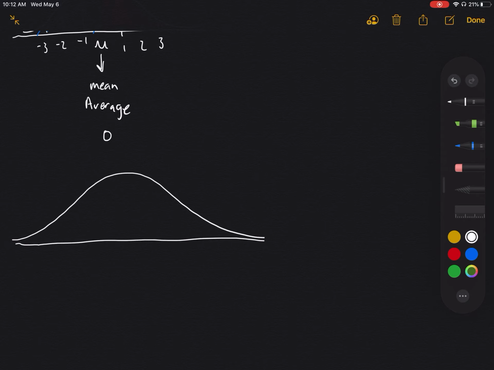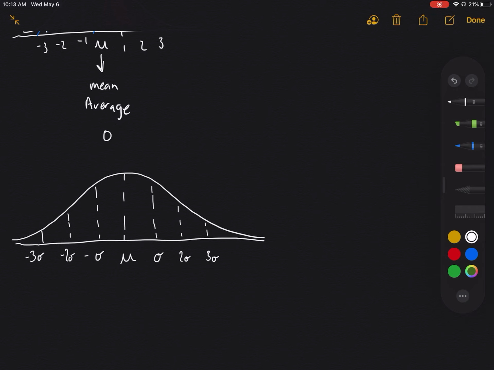So once again, mu, one standard deviation away, two standard deviations, three standard deviations. Okay, so we really look at those three standard deviations in either direction because that's where the majority of the data is going to fall.